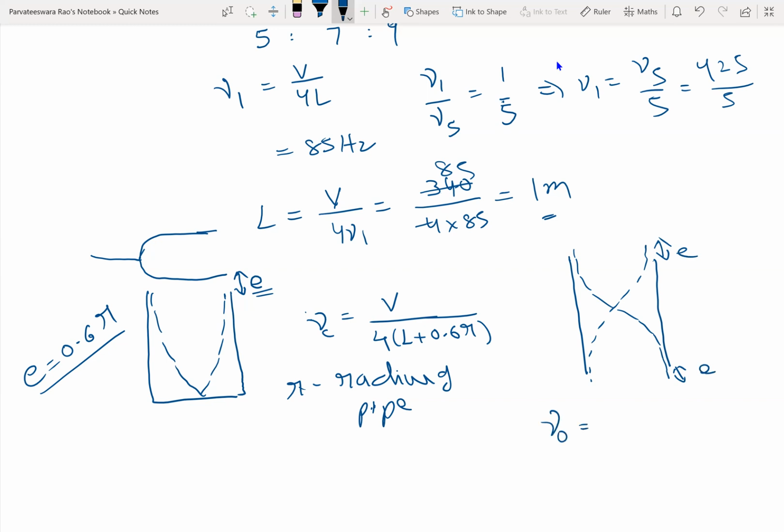Therefore, nu naught is given by V by 2 into L plus 1.2 R, if you consider end correction. Okay?